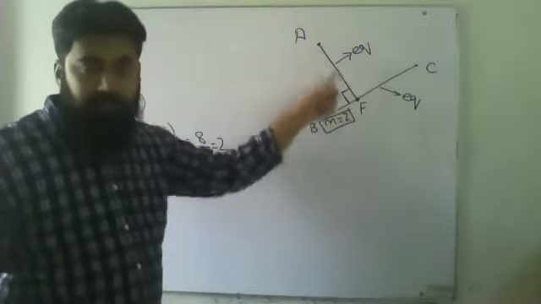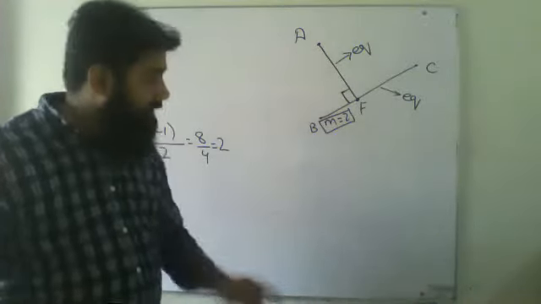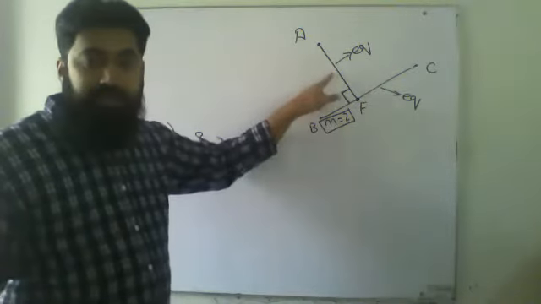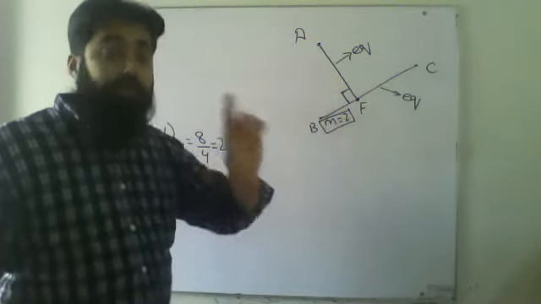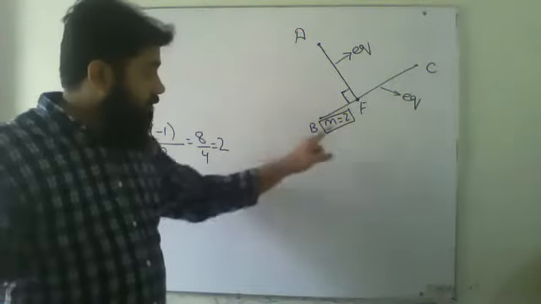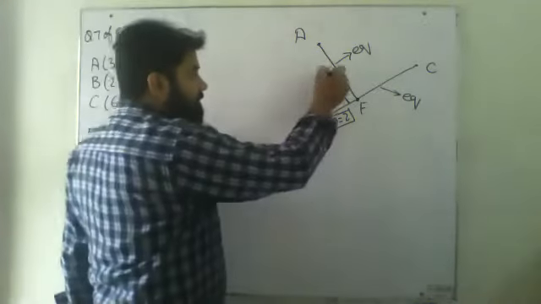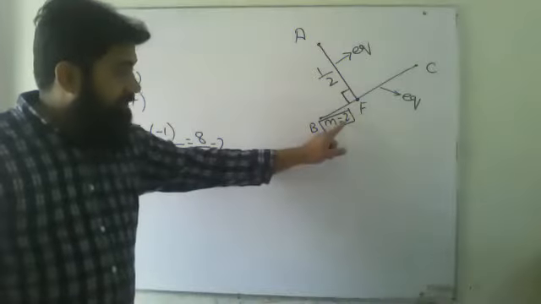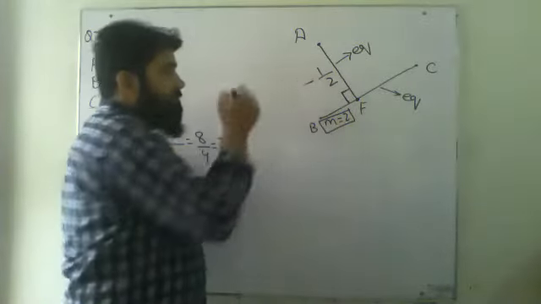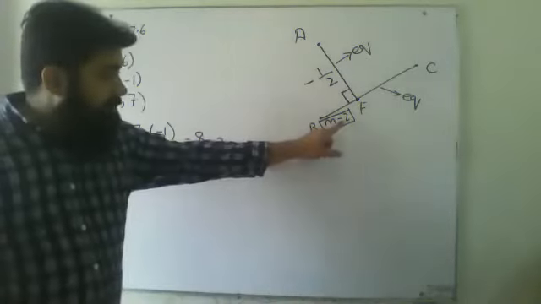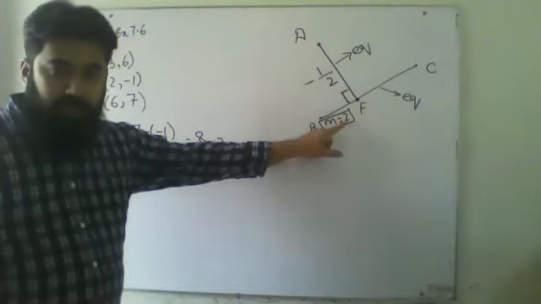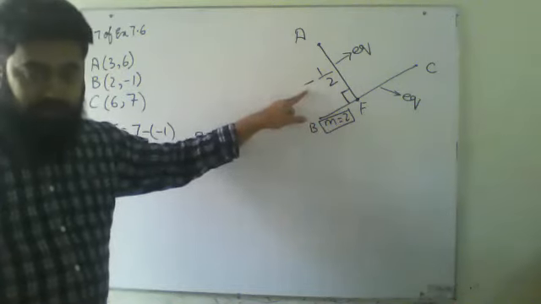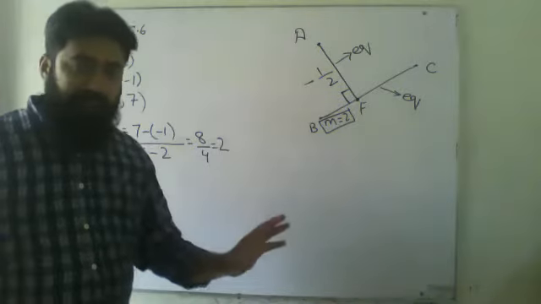It means if the gradient of this line is 2, what will be the gradient of the perpendicular line? It will be the negative reciprocal. The reciprocal of 2 will be 1 over 2, and negative means whatever the sign is over here, that is plus, change it and put it over here and it becomes minus. So I have got the value.